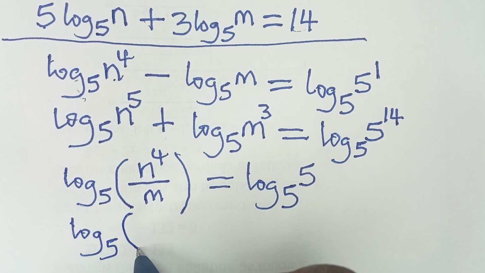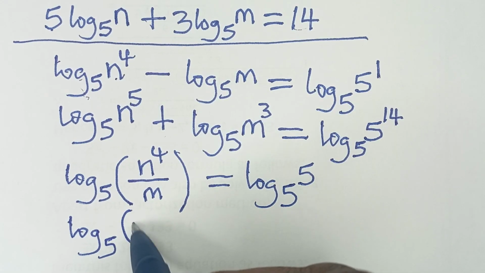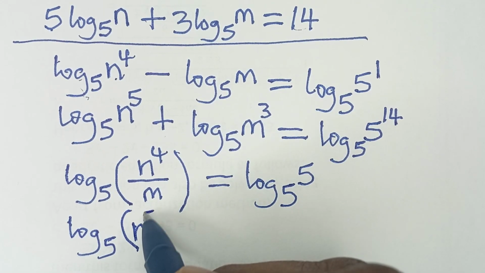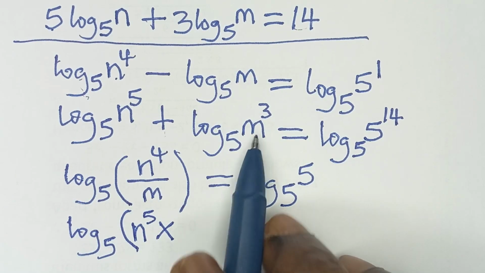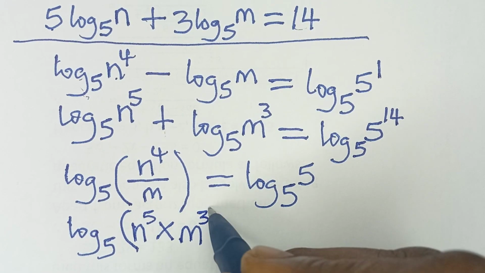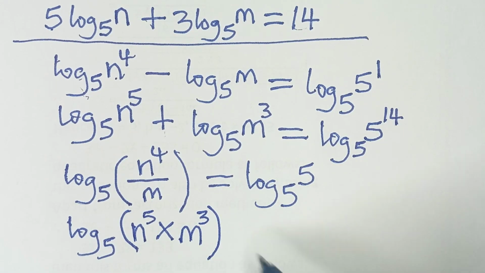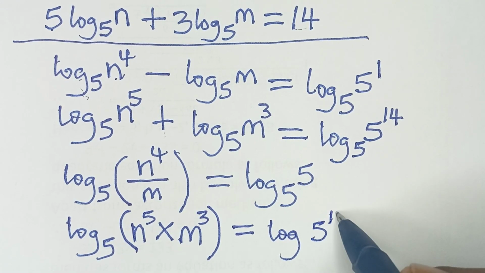Then I open brackets: n raised to power 5, then multiply because there's addition here, by m raised to power 3, close brackets, and that will be equal to log of 5 raised to power 14, all in base 5.